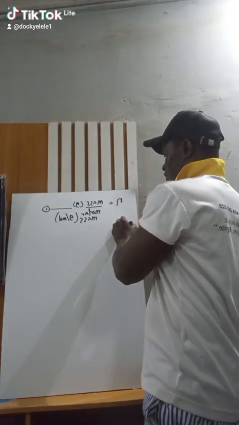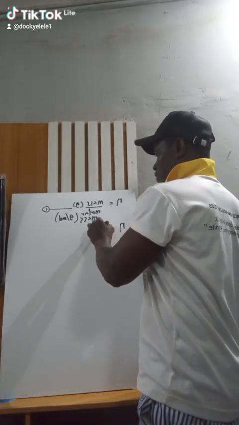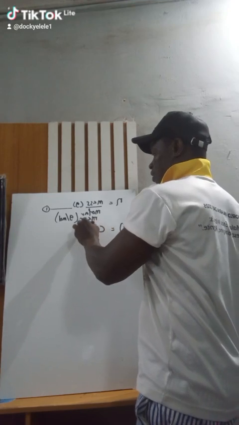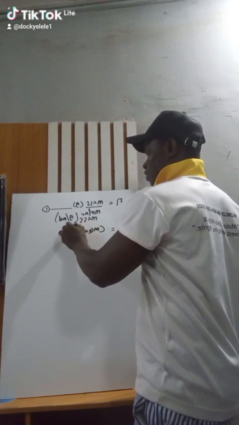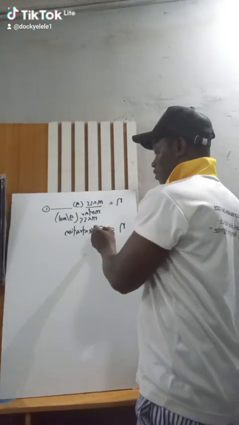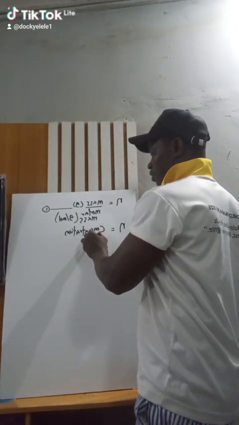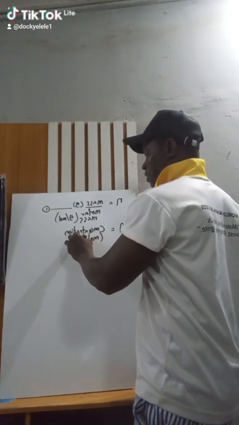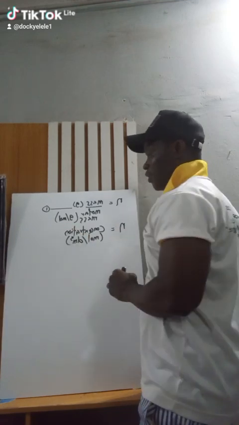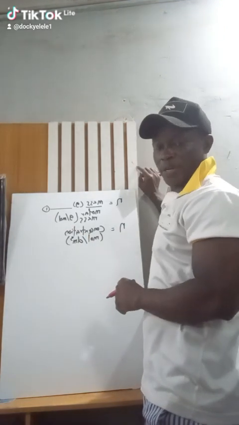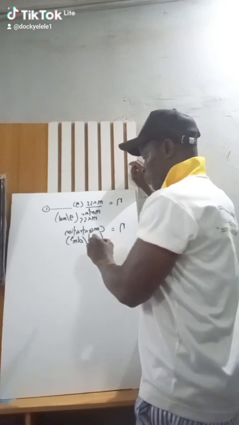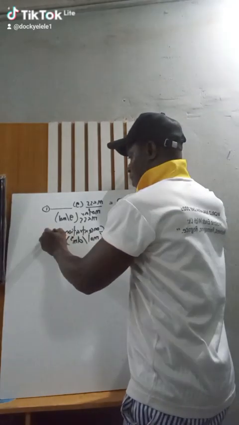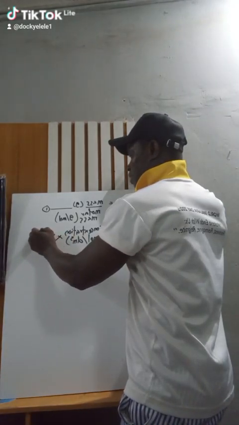We also have number of moles is concentration. This concentration must be measured in mole per dm cube, multiplied by volume.